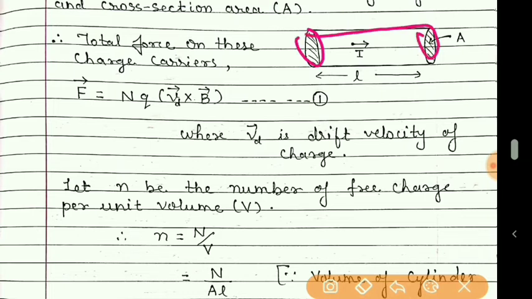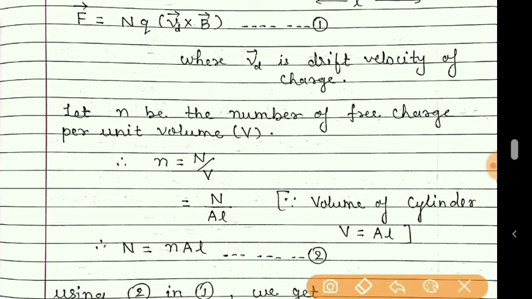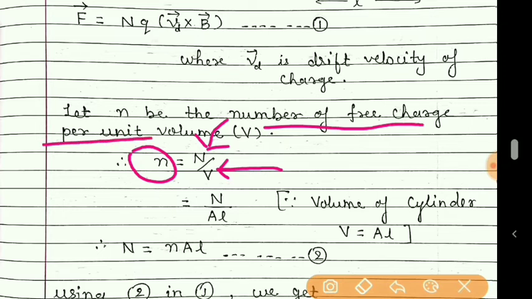So area into length will give us volume, and in that much volume the total number of free charges is denoted by capital N, and so small n is the number density of free charge particles, that is, the number of free charges per unit volume.